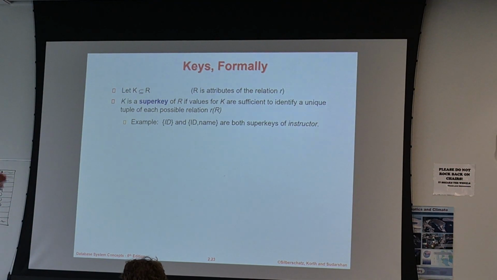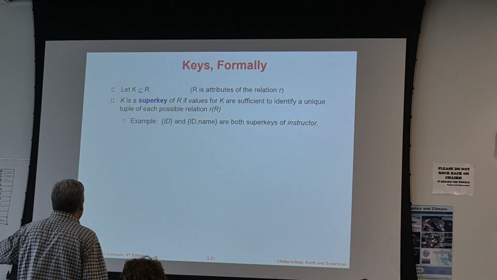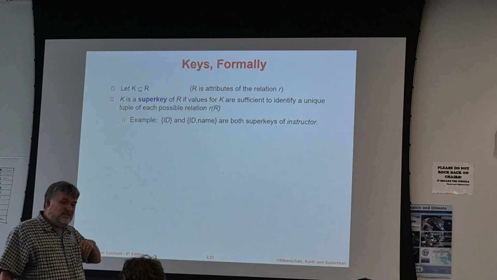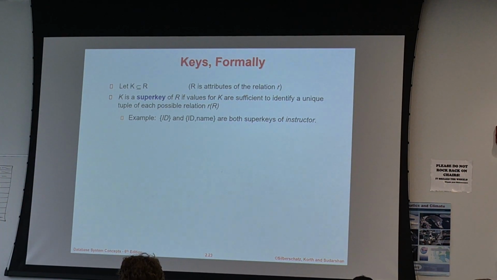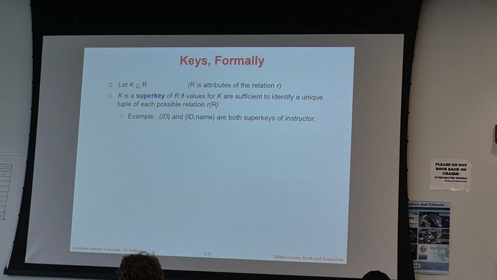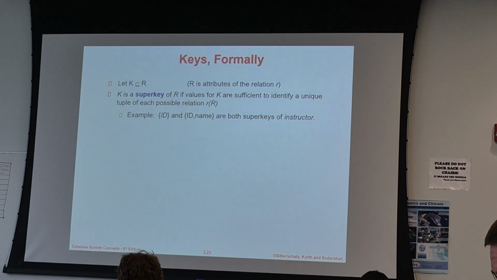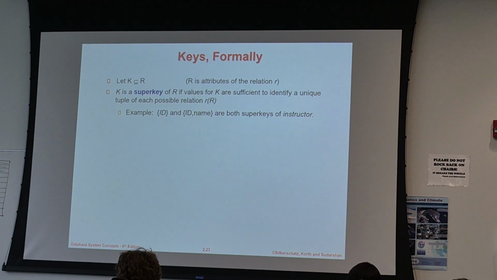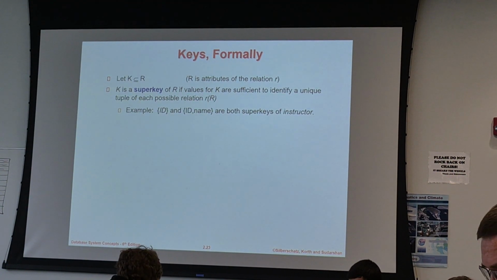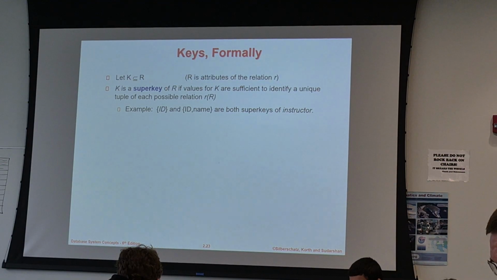So that's what the definition of superkey is in set theory speak: one or more attributes which combined make for a unique ID that uniquely identifies any given row in that table. And we're using the generic variable lowercase r for the table name.